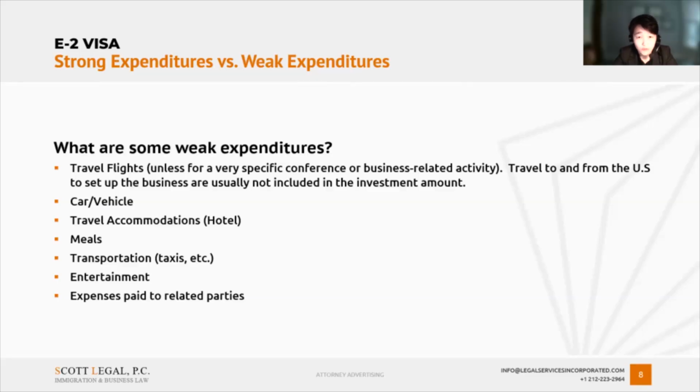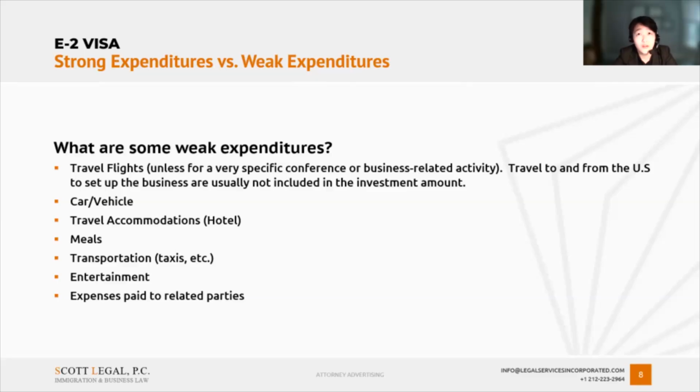Similarly, purchasing a car or a vehicle can also be a very weak type of expense to include in an E2 visa application. In limited circumstances, it can work. For example, if the business requires a business-specific transport vehicle, such as a cleaning service, or if you have to transport heavy machinery, or if it's a lawn mowing company and you have lawn mowers that you need to transport on a daily basis.